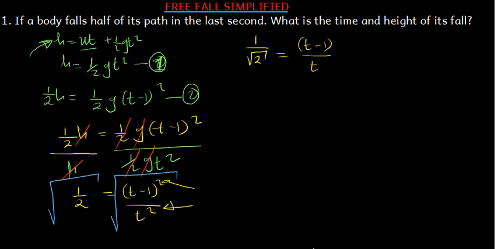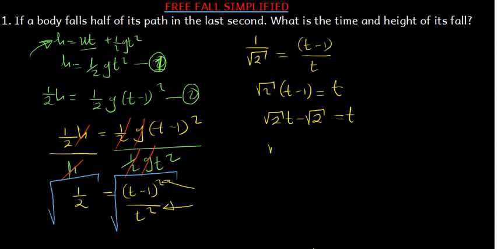At this point we can cross multiply, so we have root of 2 multiplied by t minus 1 is equal to t. That gives us root of 2 times t minus root of 2 is equal to t. I can bring this t to this side and take the root of 2 to the other side.